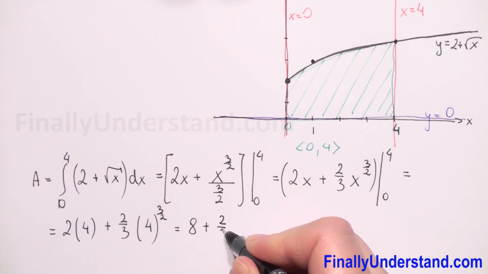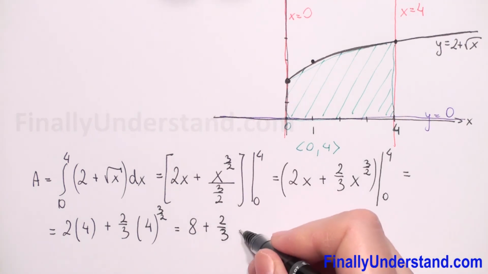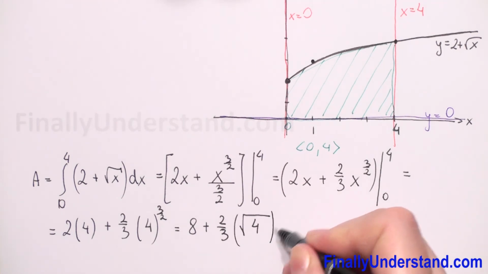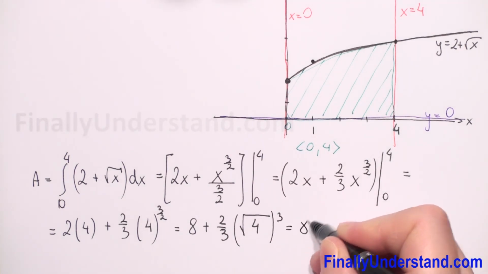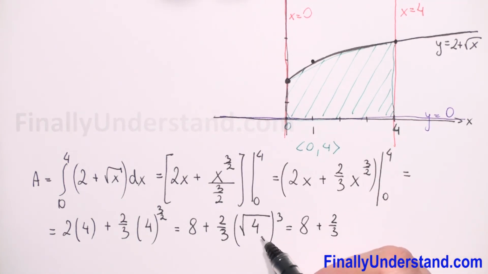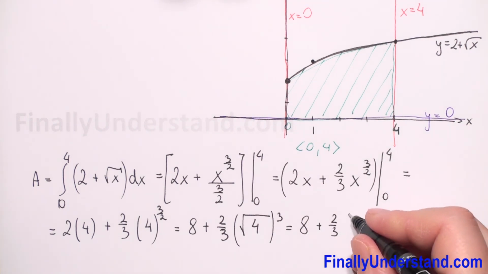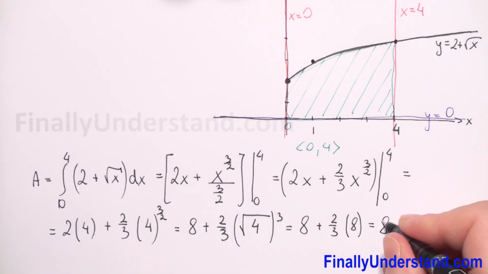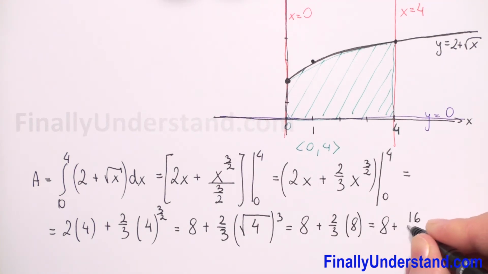It will be 2 over 3 times square root of 4 to the third power. So this is equal to 8 plus 2 over 3, square root of 4 is 2, 2 to the third power is 8. So this is equal to 8 plus 16 over 3.